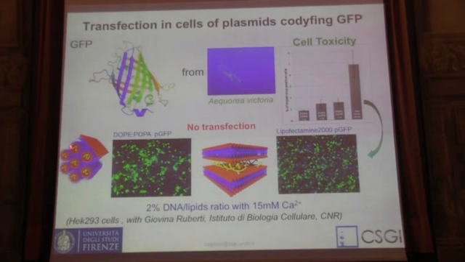So there's a relation between the transfection capacity and the local structure of the soft system you use. It's not only a problem of how you devise the system. It depends on the structure that is formed inside the system.